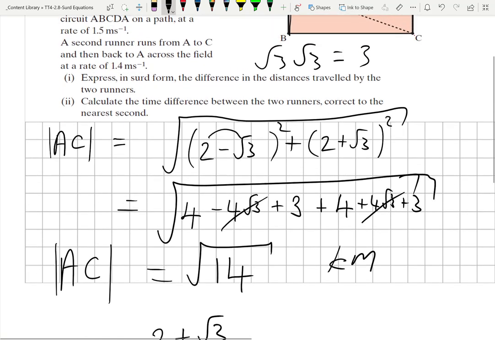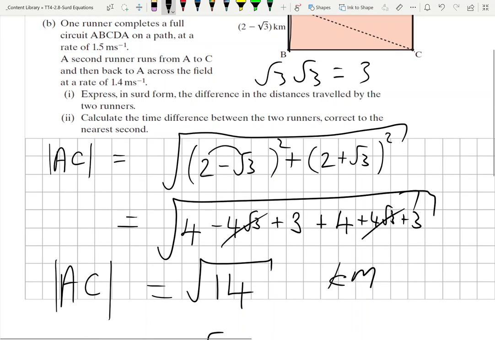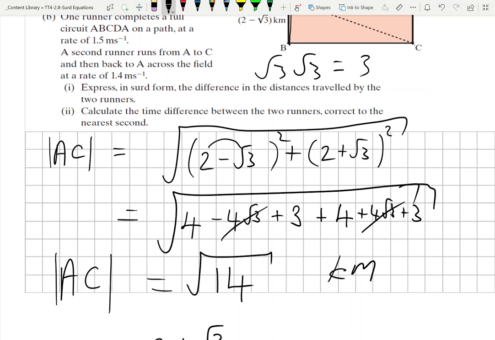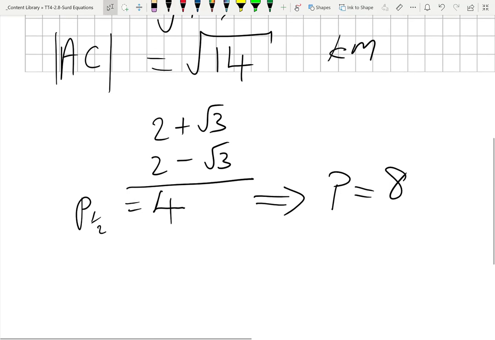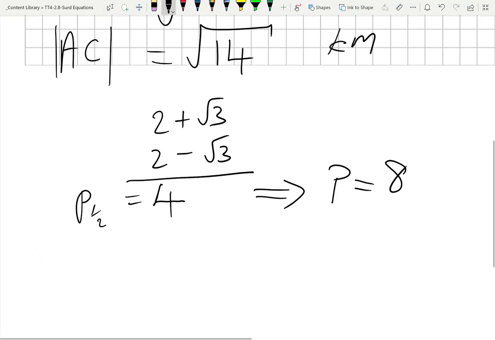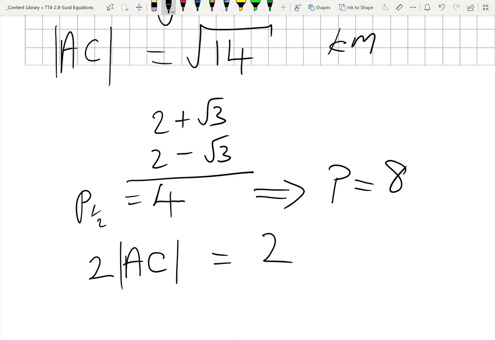So what is the question? A second runner runs from A to C and then back to A across the field at a rate of 1.4. So this is the perimeter, and the second runner runs to AC, which is equal to 2 root of 14.